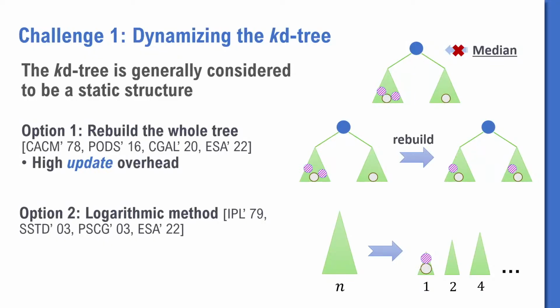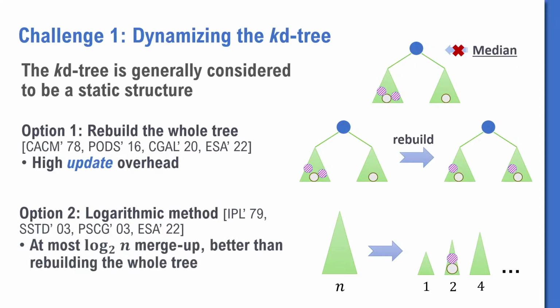If the first tree is full, I move them to the second tree, and if that is full, I just keep moving. And you can show that every point will be moved at most log n times, so that is better than every time. In that way, you can make the KD tree a little bit dynamic. But the issue is now you have log n trees, so when you do a query, you need to query log n trees.